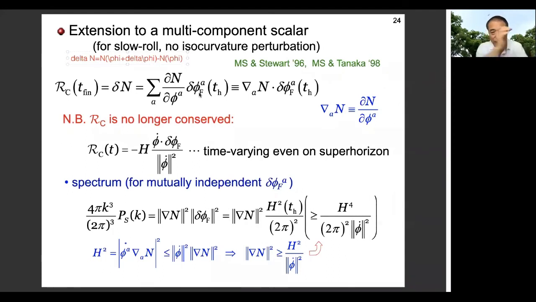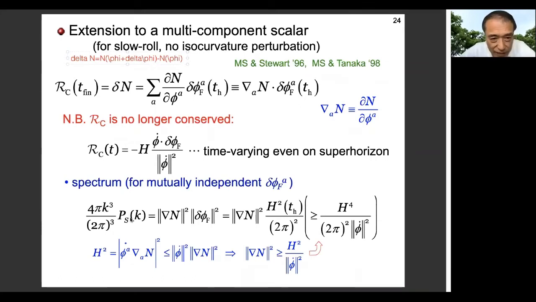If you assume all these scalar fields are canonically normalized, it is very easy to compute this part. If you express this in terms of the derivative of n times the fluctuations in the scalar field in some n-dimensional scalar field space, then you can easily compute the power spectrum, which is given by P_S(k).